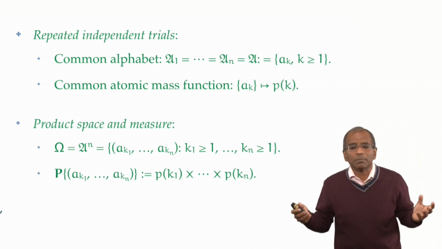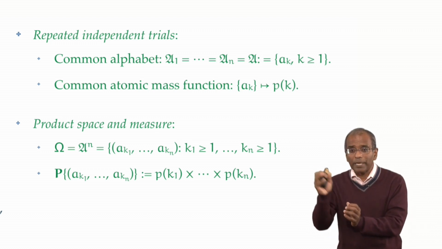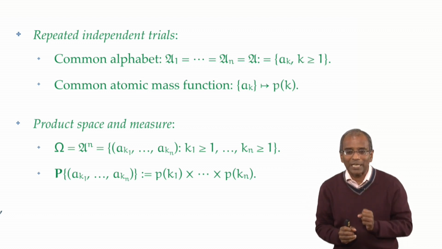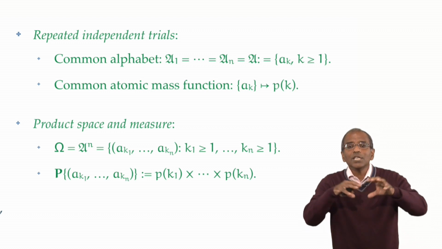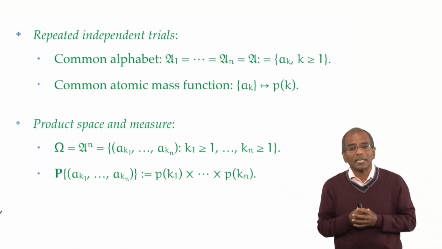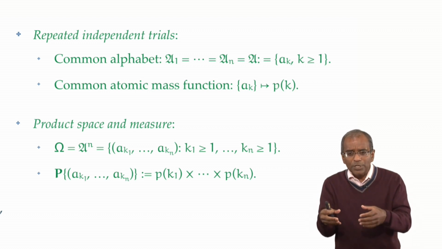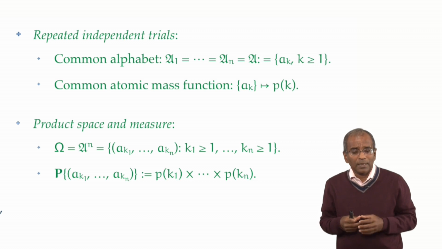Very, very clean and simple structure. In this setting, any event A1 depending only on the first outcome, any event A2 depending only on the second outcome, any event An depending only on the nth outcome, these constitute a family of independent events. This is now a specialization, but it's a useful and practically important specialization of a general setting.